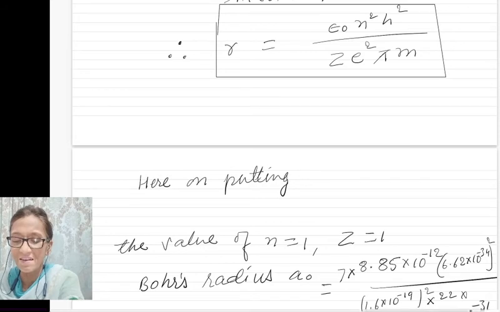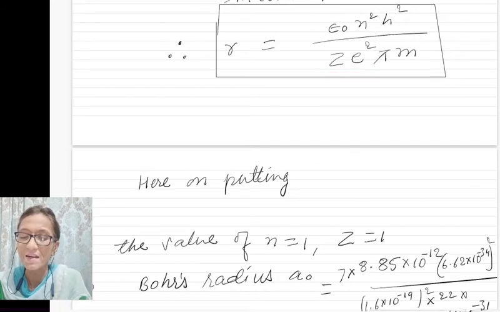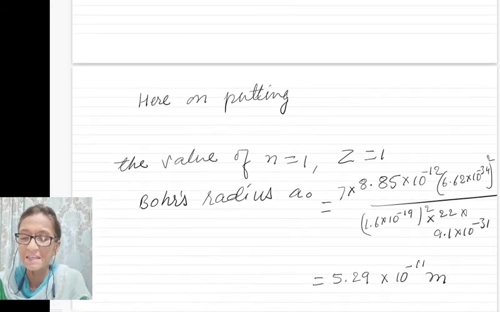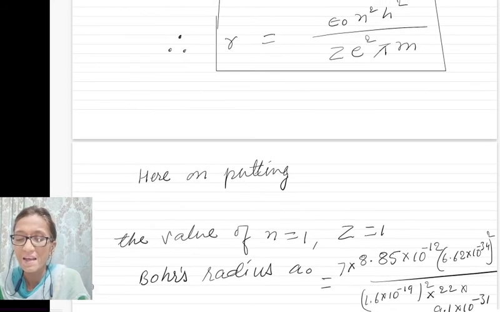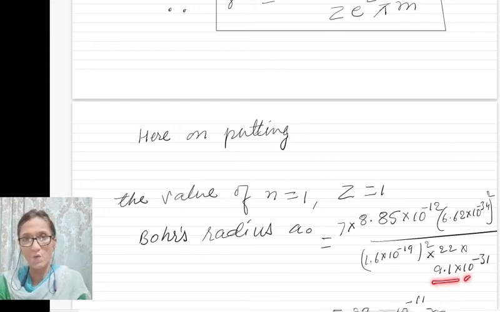N is 1, h, Planck's constant, is 6.62 into 10 to the power minus 34 whole square, divided by Z equal to 1, and E square is equal to 1.6 into 10 to the power minus 19 whole square, pi is equal to 22 upon 7, and mass of electron is 9.1 into 10 to the power minus 31.